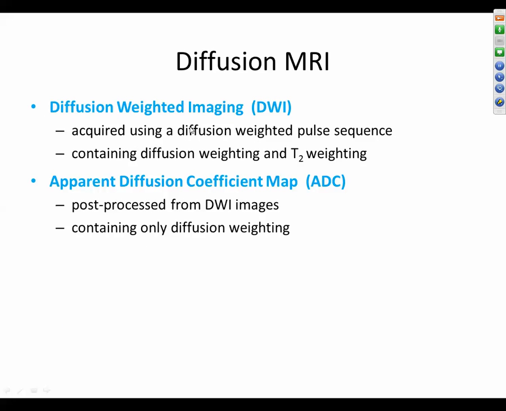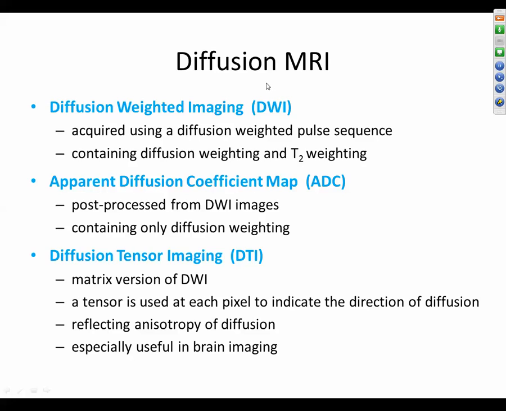So when we try to detect lesions, we look at both the DWI images and the ADC images. But when people talk about diffusion MRI, it can also be diffusion tensor imaging. Physically speaking, diffusion tensor imaging, or DTI, is a matrix version of DWI.